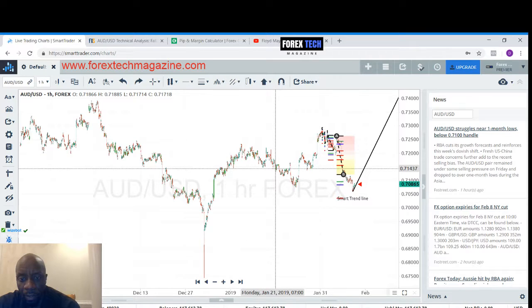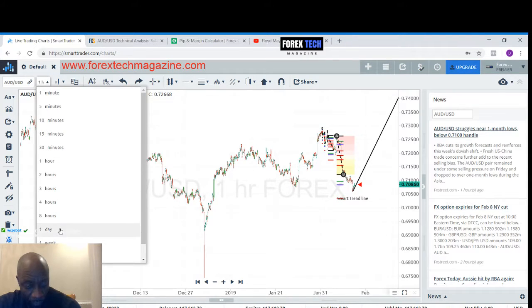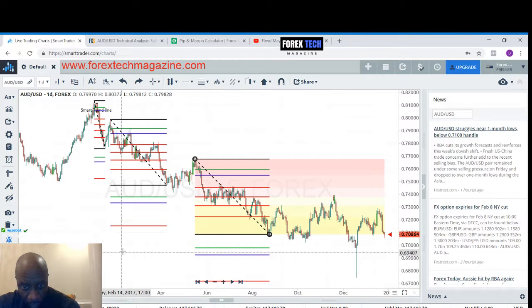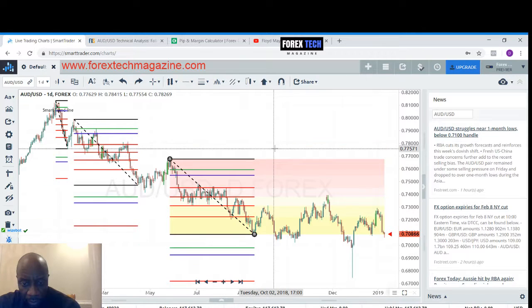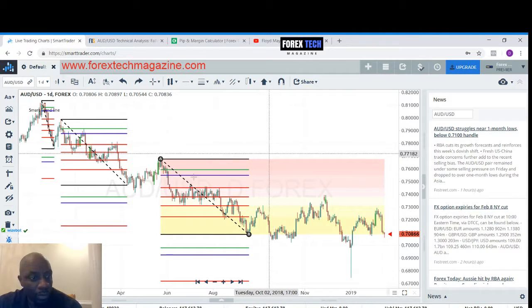And it appeared that we were making ABCD Fibonacci extensions moving up. But as you see, it looks like the market was actually moving counter. Let's see here.